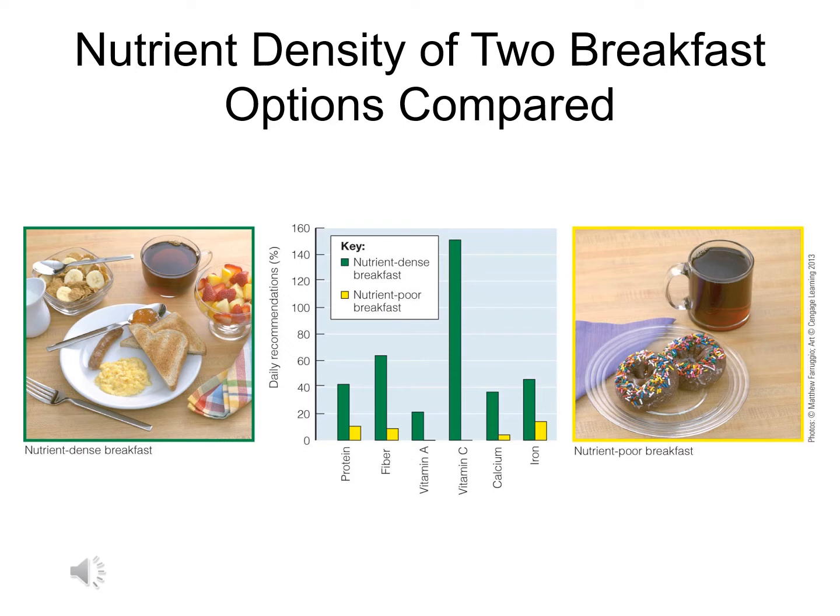The nutrient-dense breakfast provides much more protein, fiber, vitamin A, vitamin C, calcium, as well as iron. So since there are going to be more nutrients provided compared to calories, that actually is a great example of a nutrient-dense type of meal.